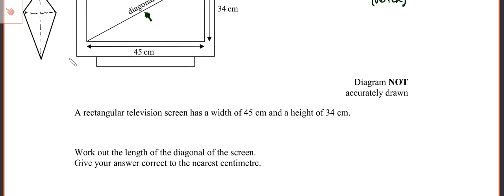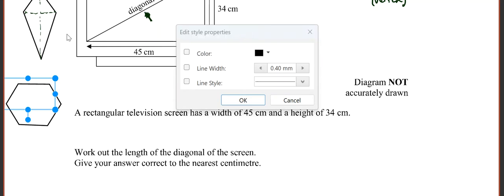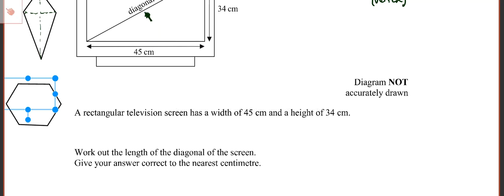Because if I have a hexagon, for instance, that is a diagonal there. This is a diagonal, but that is also a diagonal, because it goes across the shape to another corner.